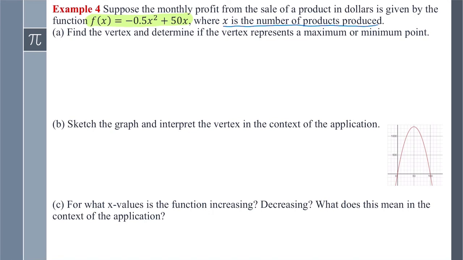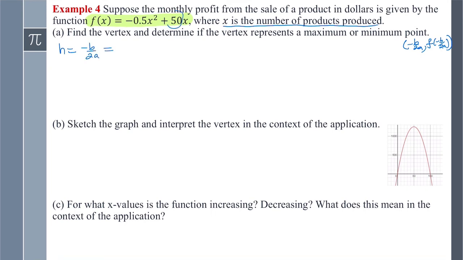So let's go ahead and use the vertex formula. Again, remember the vertex formula is negative b over 2a. Then whatever we get here, we'll put that into our function to get the y coordinate. So let's find the x coordinate of the vertex, which we usually represent by h. So h equals negative b over 2a.